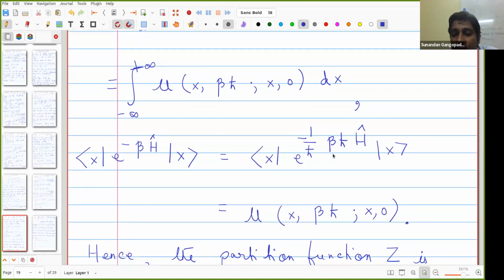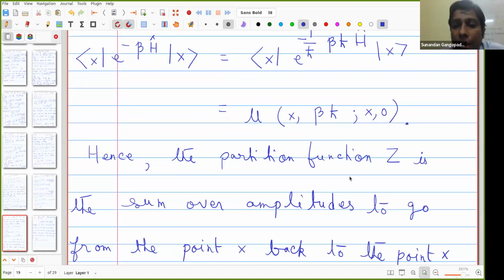Now you can treat this as the time. So this is like tau, so tau is like beta h bar, and therefore tau, which is equal to beta h bar, sits here. So this particular object is nothing but the time evolution function U, which is a function of x comma beta h bar semicolon x comma 0.